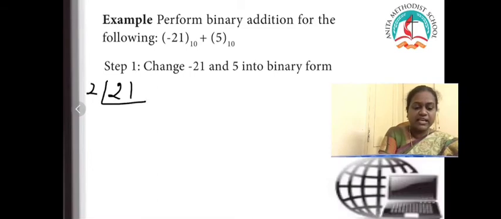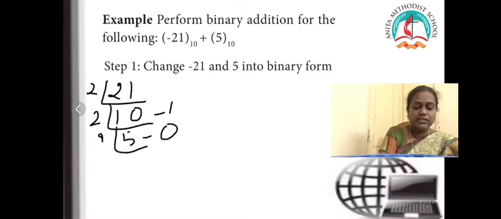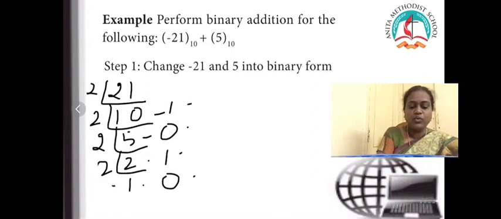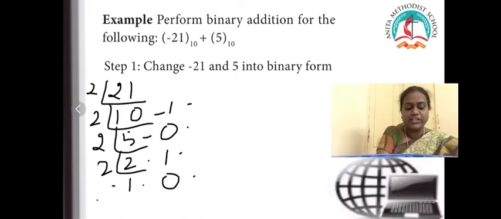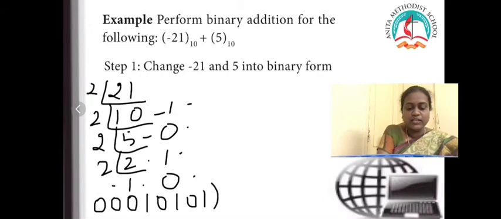Leave out that minus sign. 21 divided by 2, and so on, gives 1 0 1 0 1. So here we have 5 digits, but we have to add 3 more zeros in front of this so that we can do the addition. So our value will be 0 0 0 1 0 1 0 1, base 2.